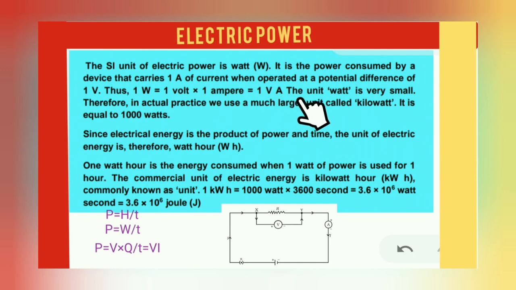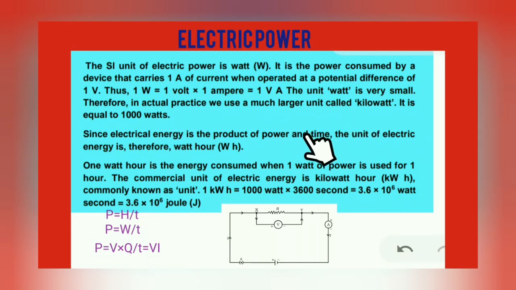Then the unit of power is watt. So you know that power is equal to joule per second, that is equal to 1 watt. Then higher unit of power is kilowatt. 1 kilowatt is equal to 1000 watts.